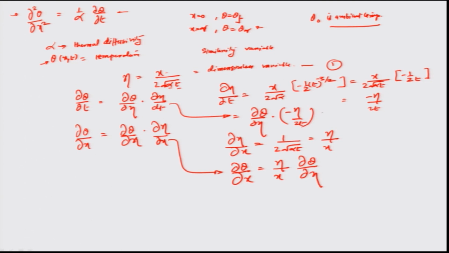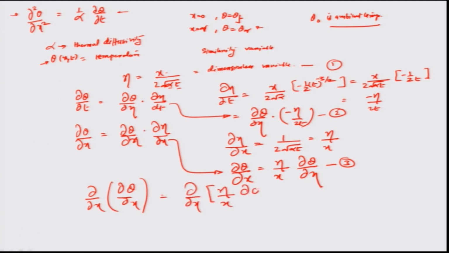So, this can be equation 2, this can be equation 3, and we need to now find the second derivative of this. So, we just do del by del x of del theta by del x, which means we have del by del x of eta by x times del theta by del eta. So, again we apply the chain rule here.